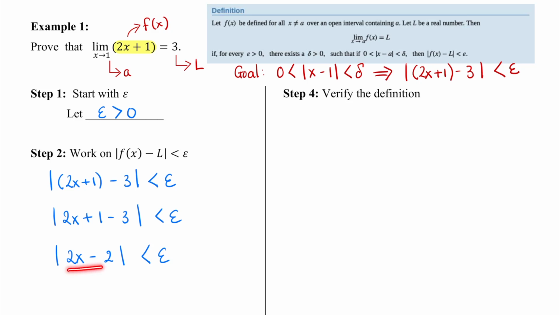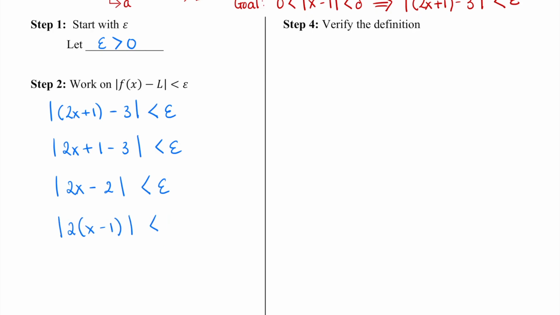From here, I am going to factor the 2 out. Now, since 2 is a constant, the absolute value of 2 is also 2. So I can take the 2 to the front.